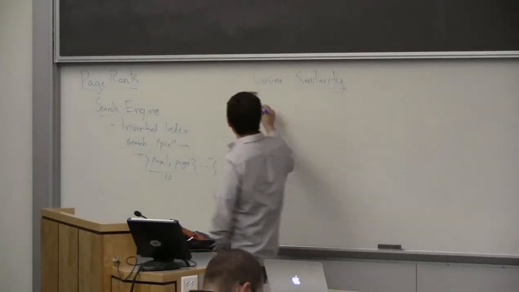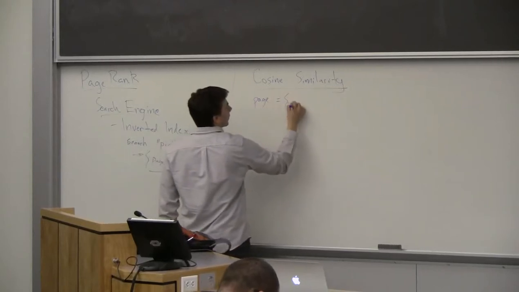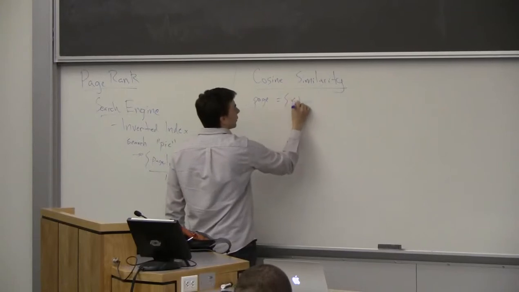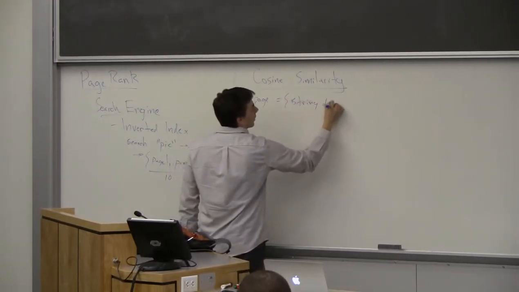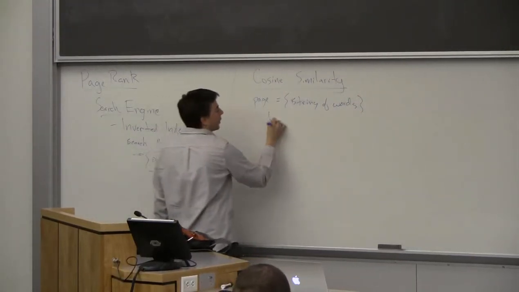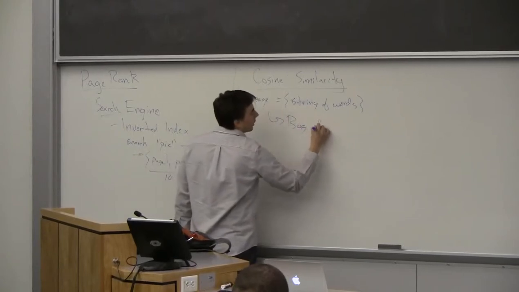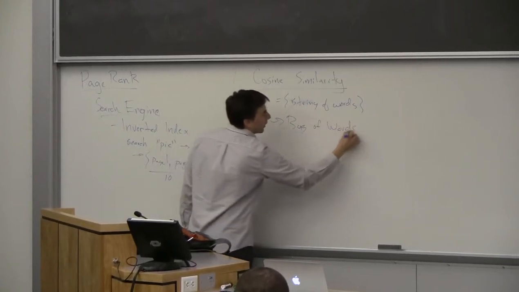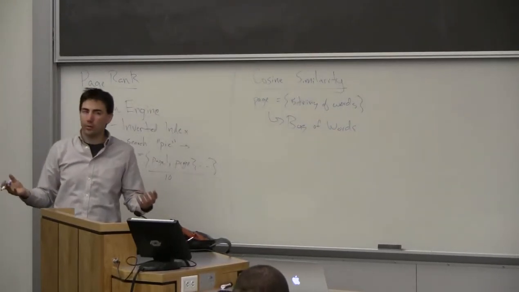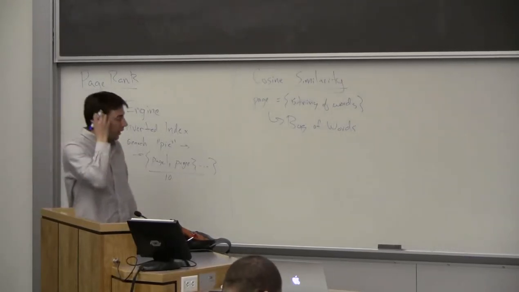The idea was you turn a page, which was a string of words, into this model called the bag of words. So this was like a multi-set. I kept track of which words were on this web page. And I could do this with k-grams instead of words if I wanted to.